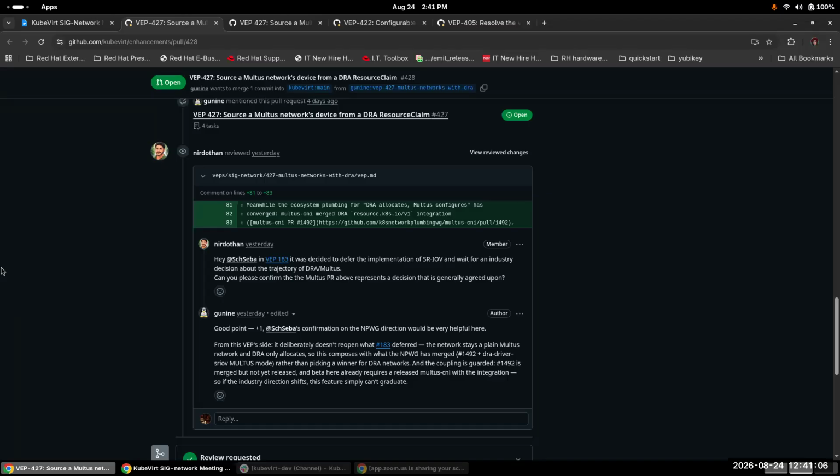I shared that opinion when they presented this in the DRA working group. The problem is that in the network you need to specify both the resource claim and the node, and I don't see a way to do it without an API change.